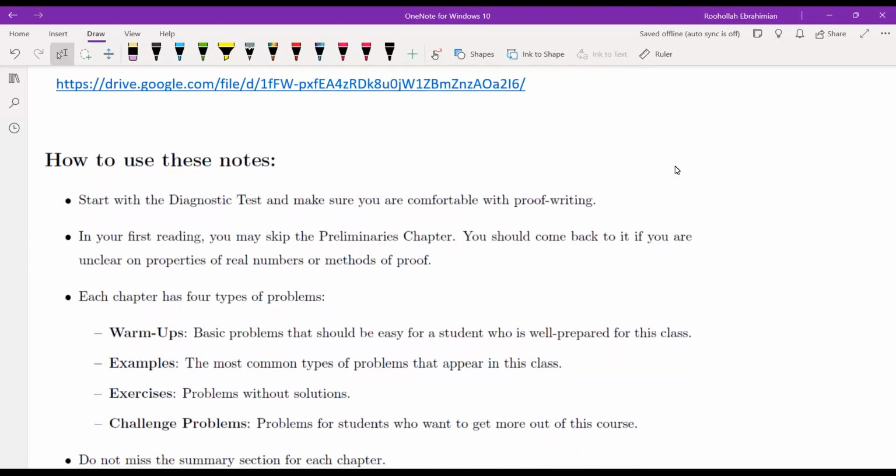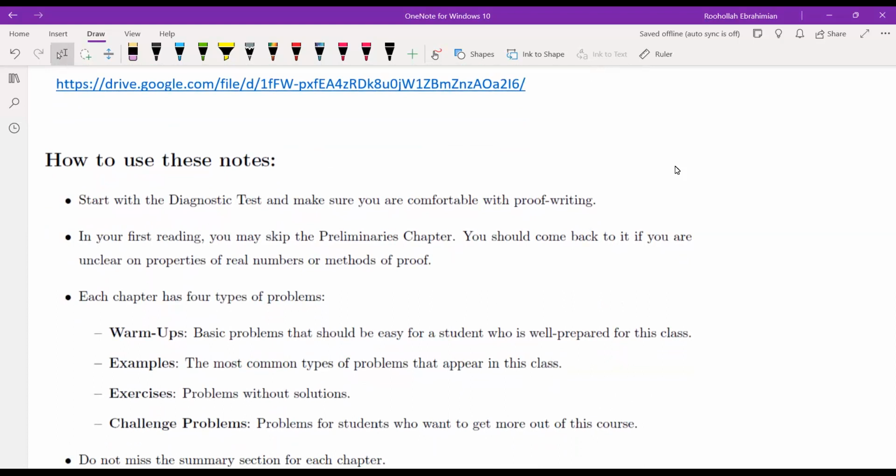So first of all, how do we use these digital notes that I have posted on Google Drive? The first thing you want to do is to start with the diagnostic test. Make sure you are comfortable with the material in the diagnostic test. Read the proof writing section of the notes and make sure you're comfortable with writing proofs.